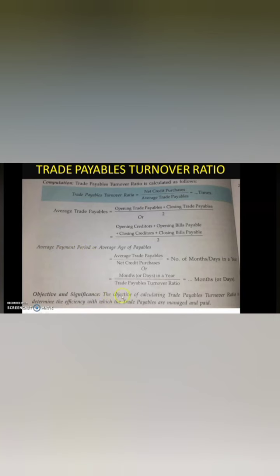Now, the objective of calculating the trade payables turnover ratio is to determine the efficiency with which the trade payables are managed and paid. If we are purchasing our goods or raw material for production from suppliers on credit, that is trade payables.